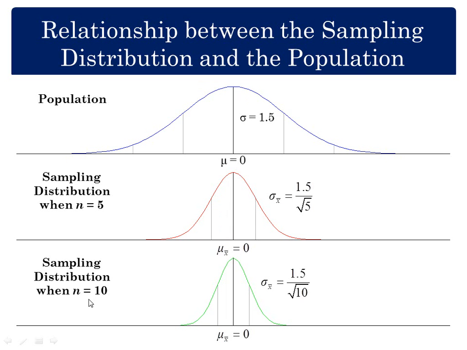What about whenever I take a sample of size 10? What does the mathematics tell me? The center of the distribution is still at 0, but now the standard deviation of this distribution, the distance between here and here, is 1.5 over the square root of 10. It's actually smaller, more precise.